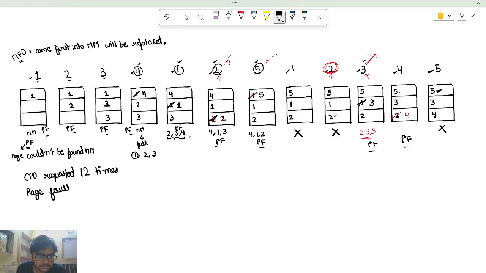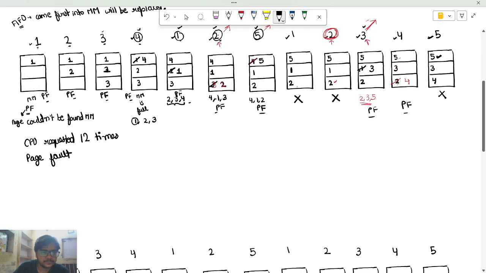So page fault for 9 times. Okay. And for how many times did page fault not occur? Simple, 12 minus 9, which is 3.